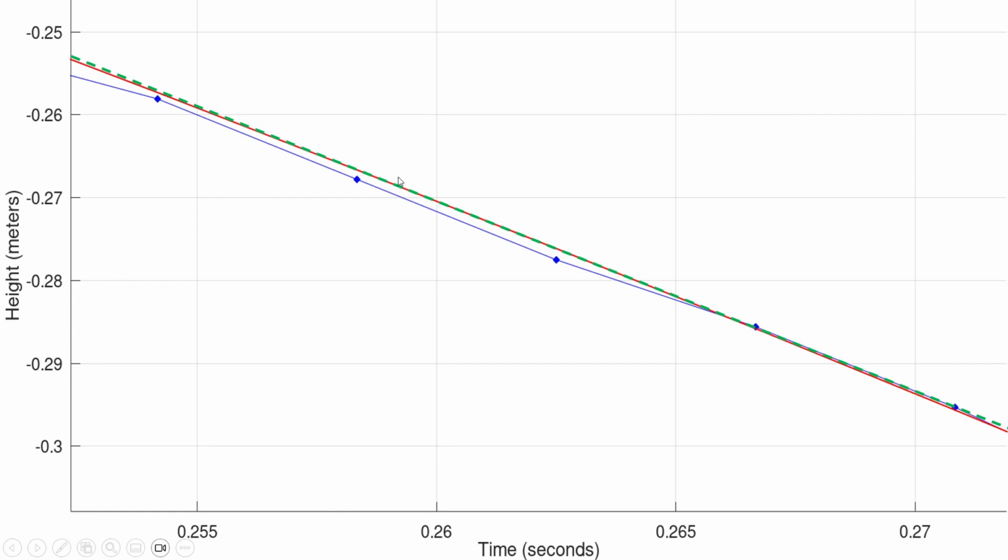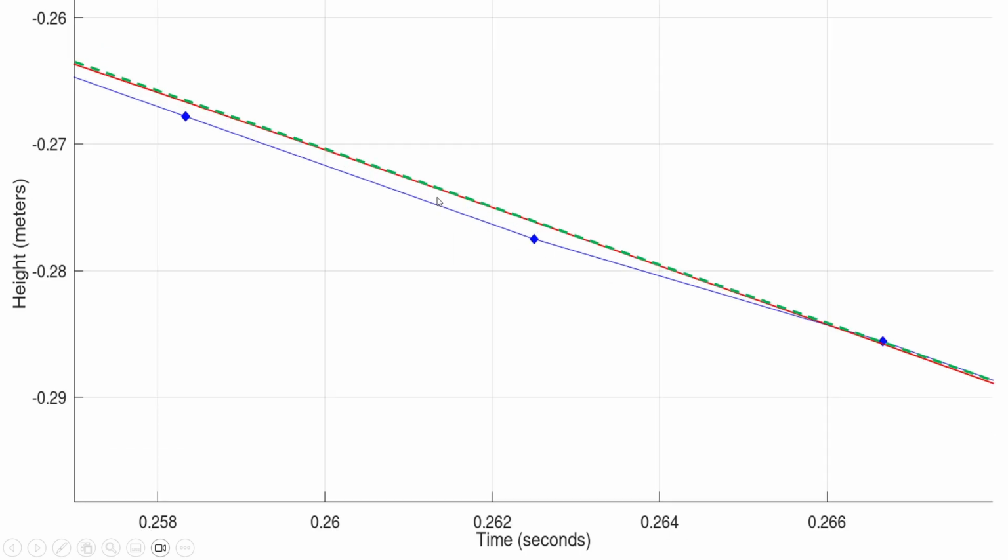So if we zoom in some more, guess what? It gets even closer. And again, our data still has noise, but also gets closer. And if we zoom in some more, well, again, closer.